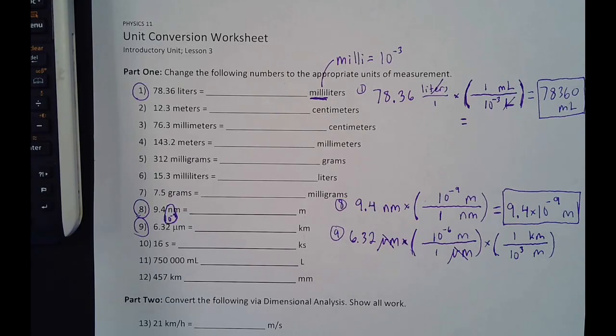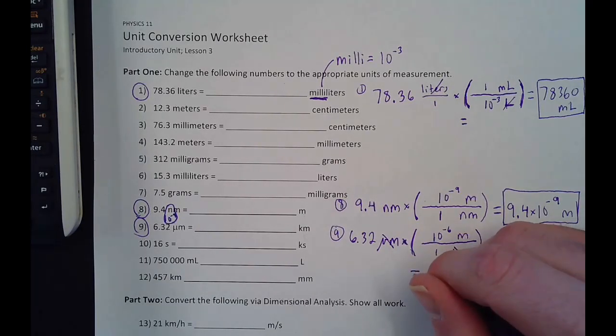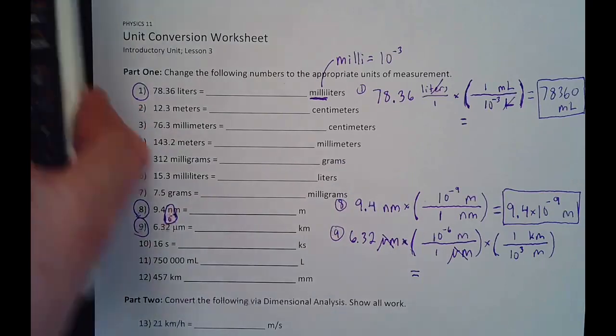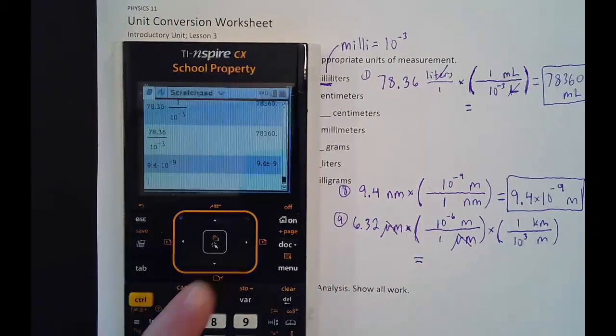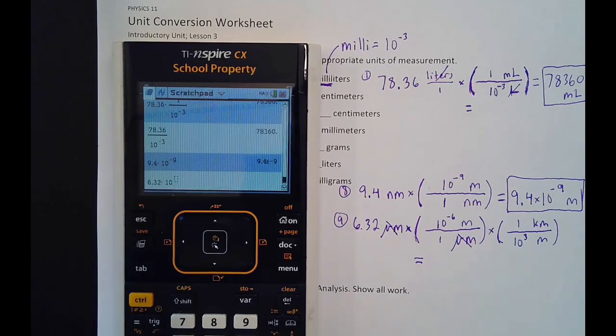I'm now ready to plug this into my calculator. When I do that, I will have 6.32 times 10 caret for the exponent, negative 6, times a fraction, 1 over 10 to the third power, and we will end up with 6.32 times 10 to the negative 9, which, if you know your powers of 10 and exponent rules, you should be able to do without a calculator as well.